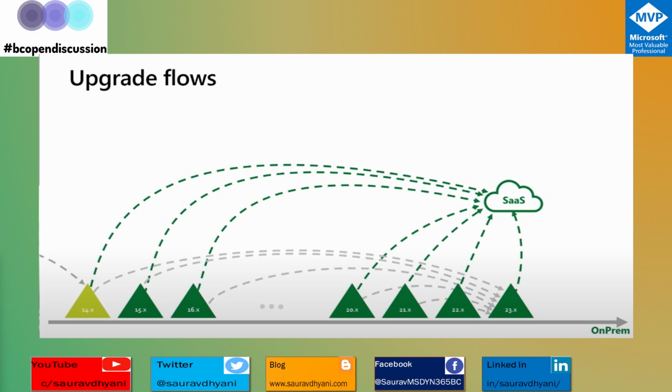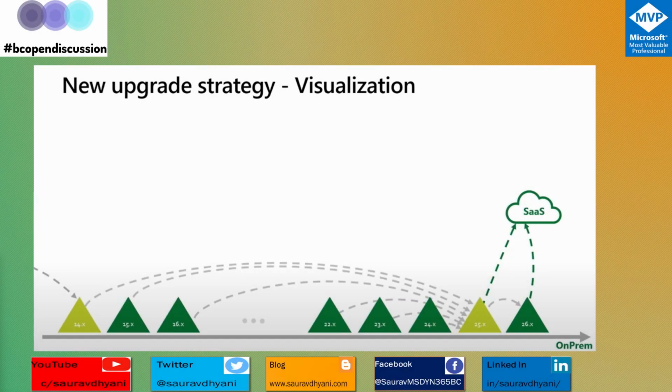But let's understand what is going to happen in future, and these slides are from that session. The new upgrade strategy going forward is, if your customers are, let's say, on Business Central 14, and if they're not, you bring them to Business Central 14, you will have to upgrade to Business Central 25, because that would become the jump version to either go to 26 or 27 on-prem, or to go to Business Central SaaS.